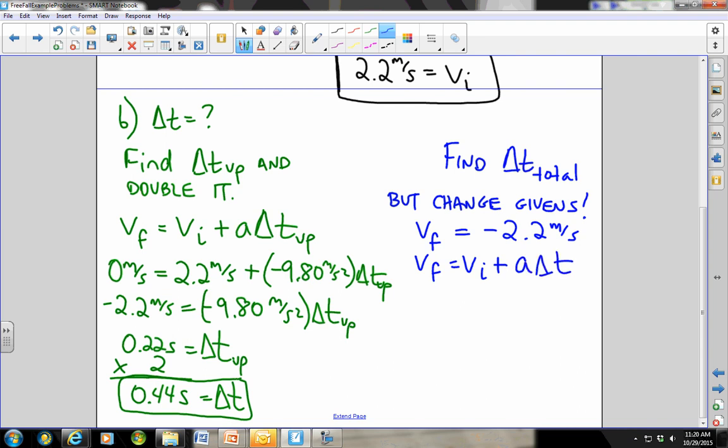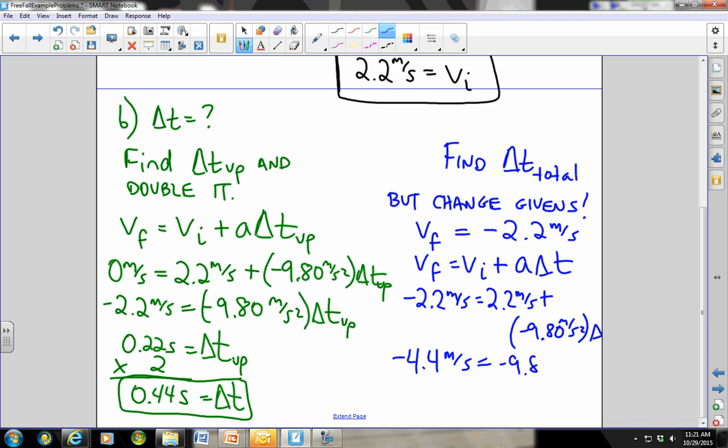So then negative 2.2 equals positive 2.2 plus negative 9.8 times time. I ran out of space. And then you'd get like negative 4.4 equals negative 9.8 T. Good.